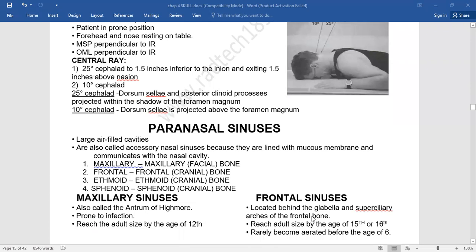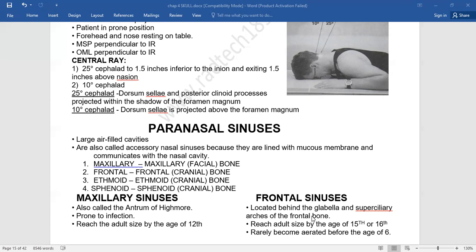Next, for PNS. PNS is paranasal sinuses. So, paranasal sinuses, these are large air-filled cavities. So normally, yung ating sinuses, air ang kanyang laman. Pero halimbawa, there are times na pinapasok siya ng tubig, kaya minsan nahirapan tayong huminga or yung pagsasalita natin, medyo nag-iiba na because there are fluid inside the sinuses kasi dapat air lang.